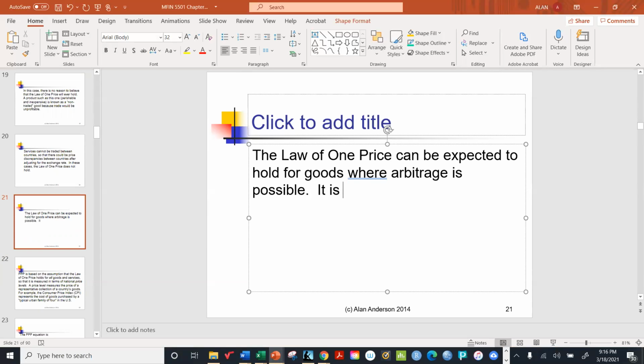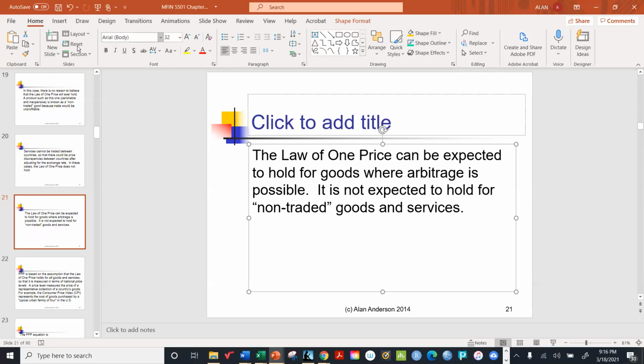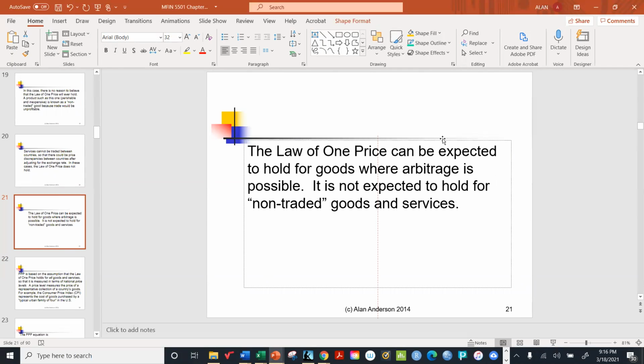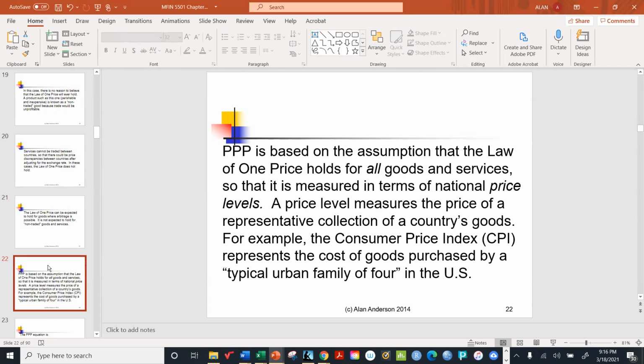It is not expected to hold for what we call non-traded goods and services. Okay, so see what's going on here. This is the background that we need to understand this purchasing power parity condition.